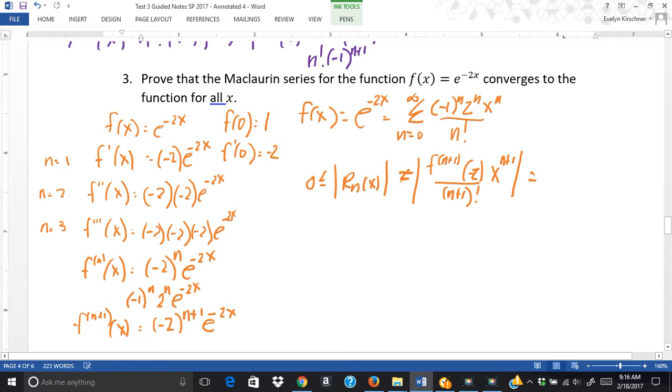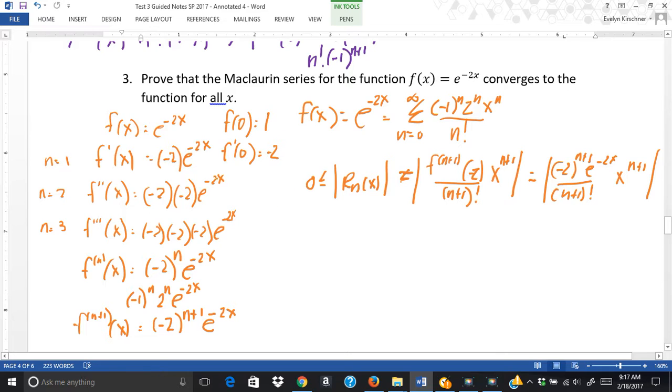And so that equals, remember that was negative 2 to the n plus 1 e to the negative 2x, and that's f at z, over n plus 1 factorial times x to the n plus 1, because I don't know what my x is. Before, remember, we were plugging in 0, but now I'm looking at it.